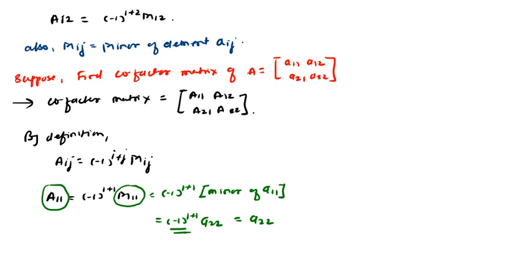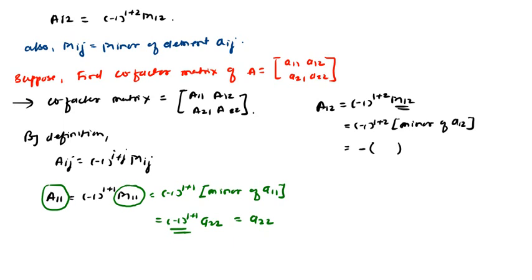On a similar basis we can find the value of A12. A12 will be minus 1 raised to 1 plus 2 into M12, where M12 is the minor of the element a12. So this is equal to minus 1 raised to 3, and minus 1 raised to 3 is minus 1.